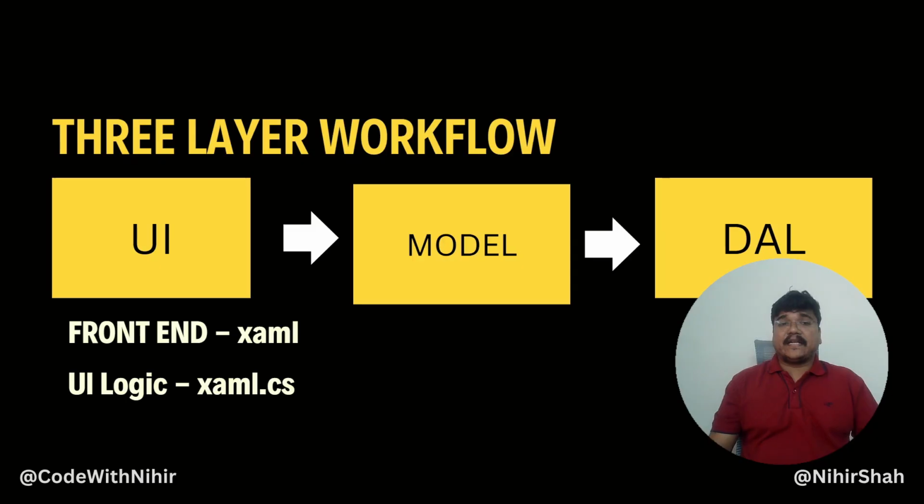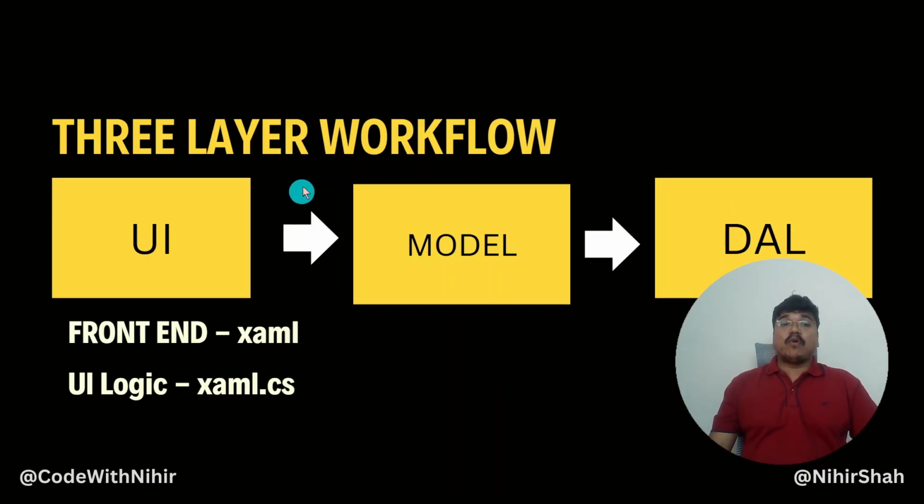So to recap, we have understood the three-layer architecture where the UI calls the model and the model calls the data access layer. We haven't focused on the model and data access layer linkage because that is a separate architecture. If you want to decouple the model and data access layer, you can use a repository pattern.